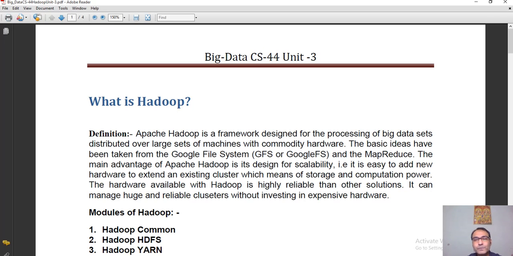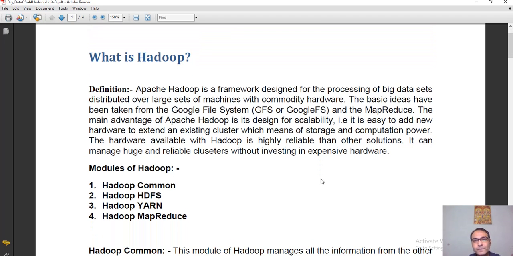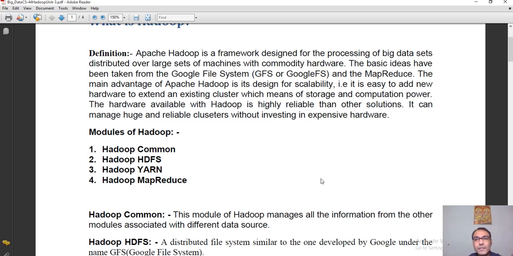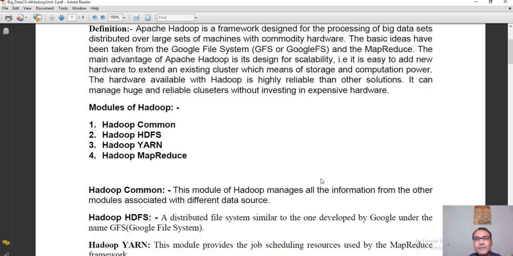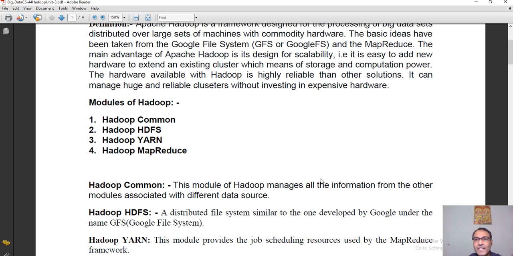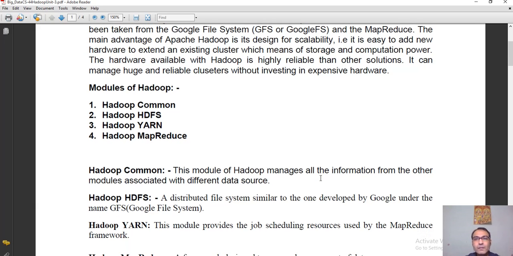In Hadoop, these are the types of modules required to process big data. The first one is Hadoop Common, the second one Hadoop HDFS, the third one Hadoop YARN, and the fourth one Hadoop MapReduce. Now this is the common architecture.